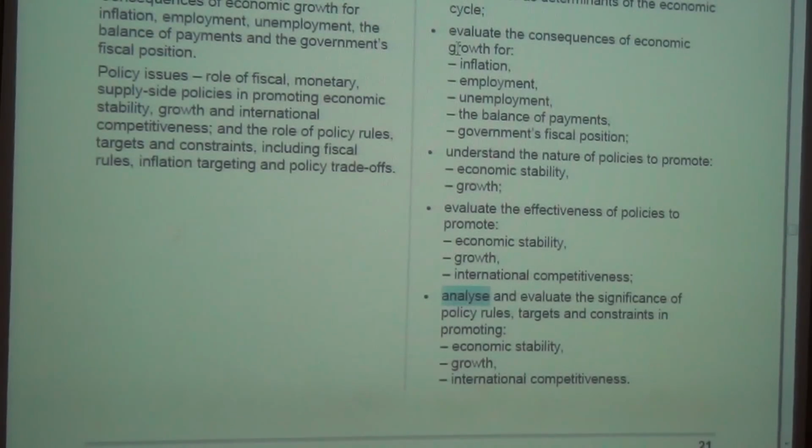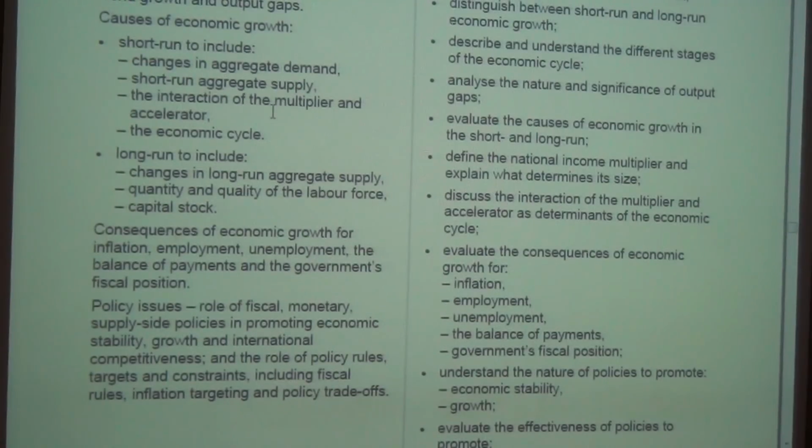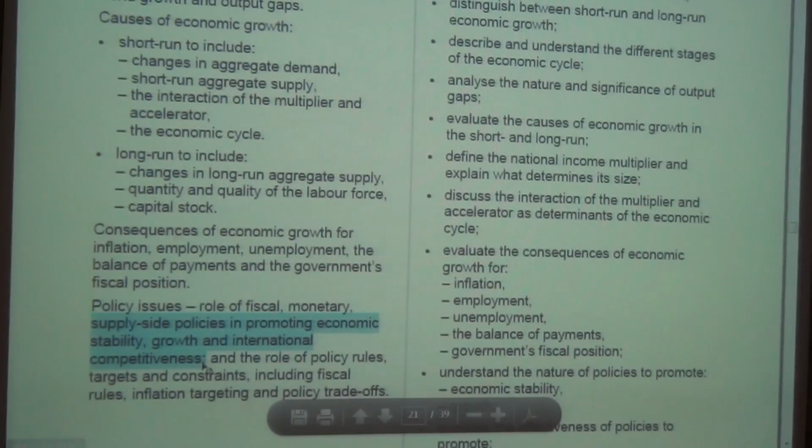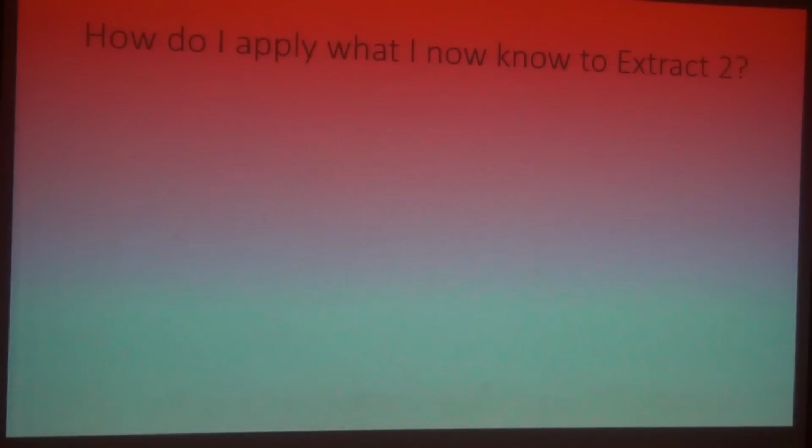But I think again really we're going to be looking at something in this section, the macroeconomic performance section, because that's where it covers things like supply side policies, international competitiveness, as you can see here, balance of payments position, and so on. So let's have a little think about what questions we might be asked here.